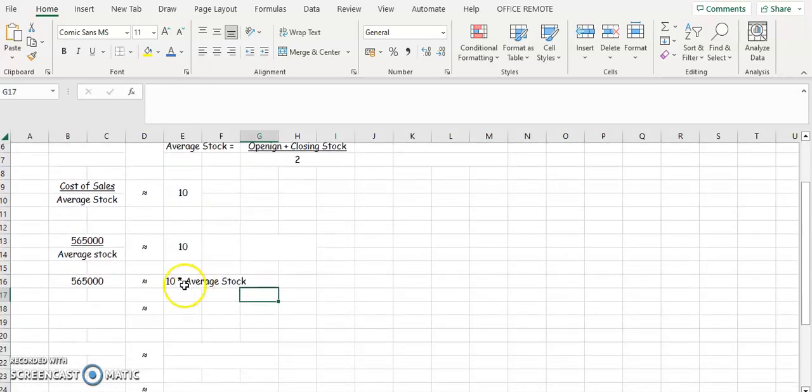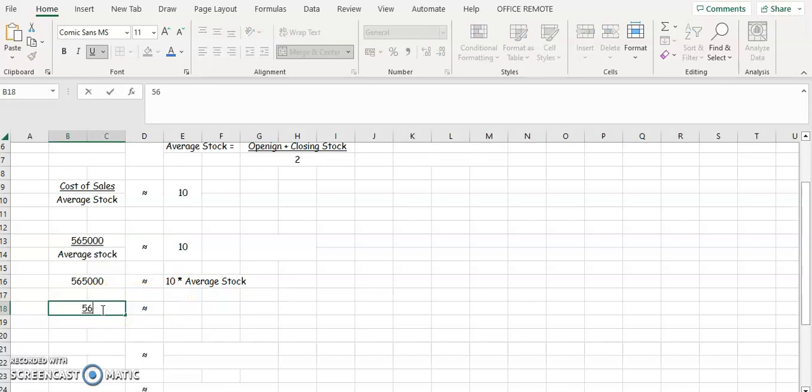Now we can get average stock on its own by bringing the 10 back over the equals side. So 565,000, if it's multiplication on one side, when we bring it back over, it becomes division. So 565,000 divided by 10 is equal to average stock. So average stock then is 56,500.